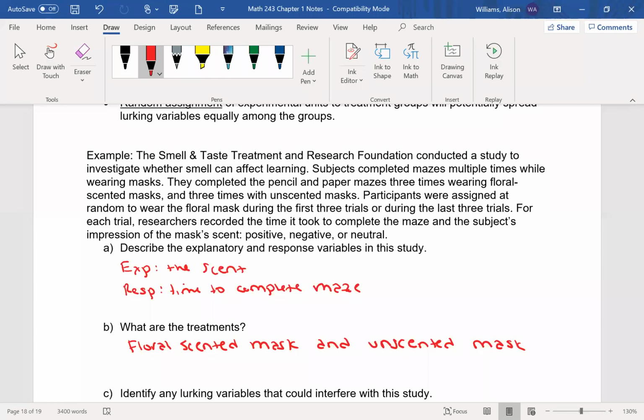So the idea is by randomly assigning them to the floral being first or the unscented being first, they kind of balance out those groups of people.